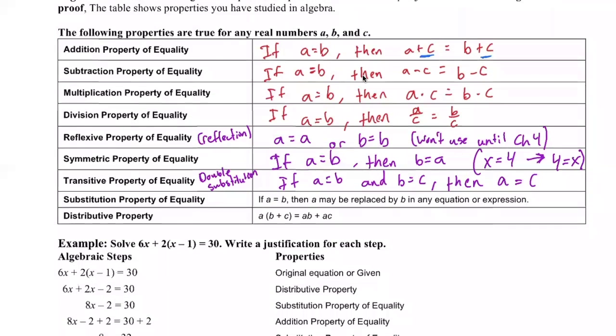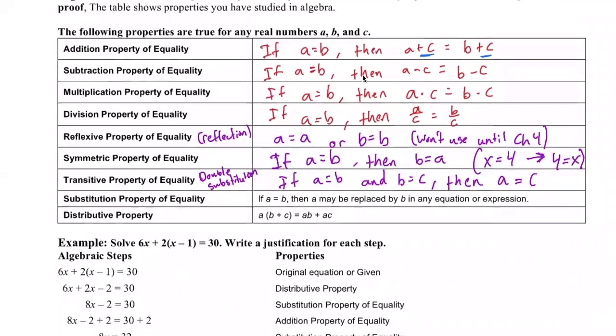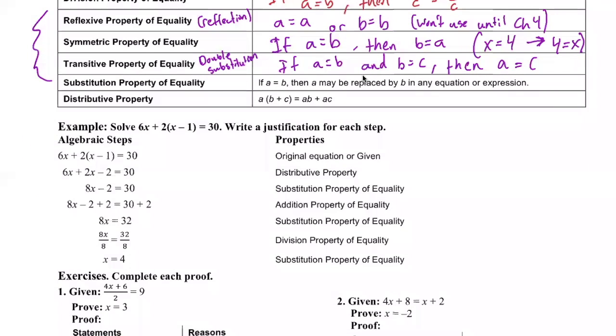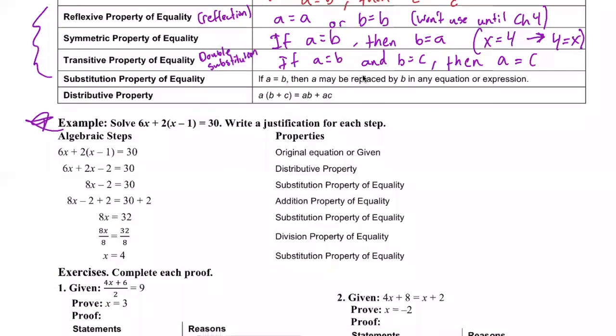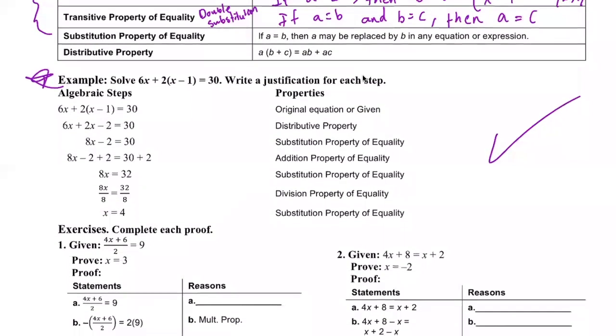So these are your properties, okay? And that's essentially all the new information, mainly these 3. We did this example together already. Okay, so you guys should have that. That's basically your key.